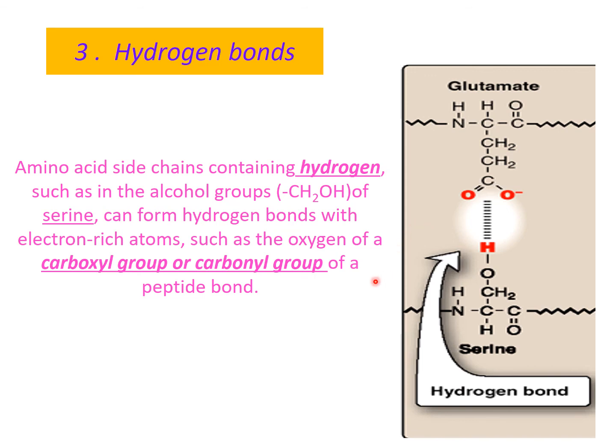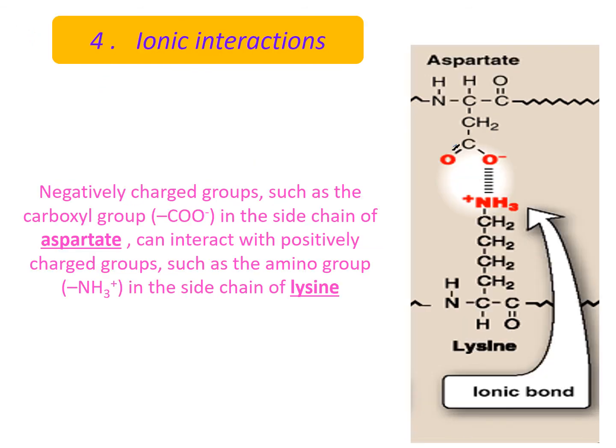Similarly, the polar amino acids which are present on the surface of the protein in the aqueous solution form hydrogen bonds with water. Now the fourth binding force in the tertiary structure of protein is ionic interactions.